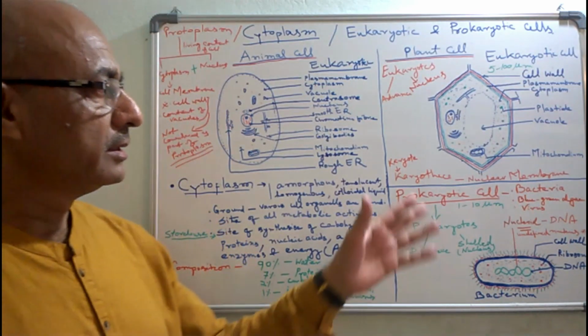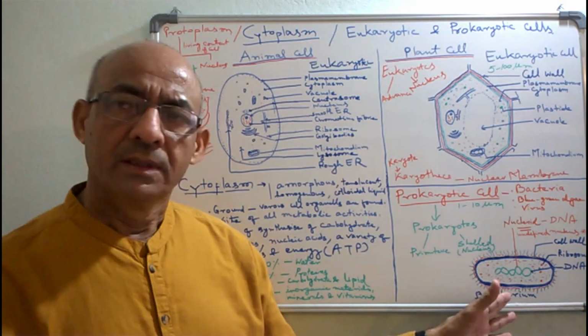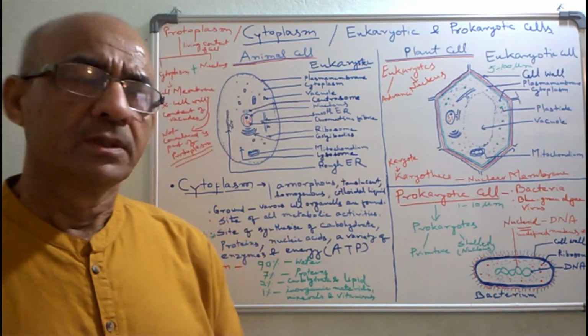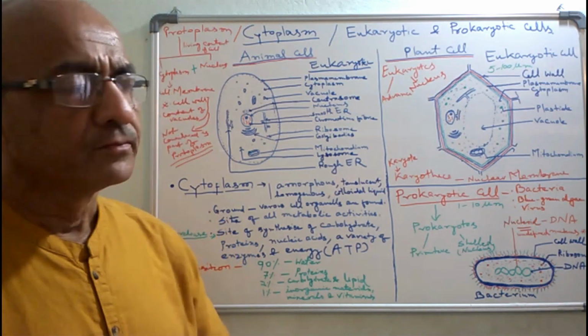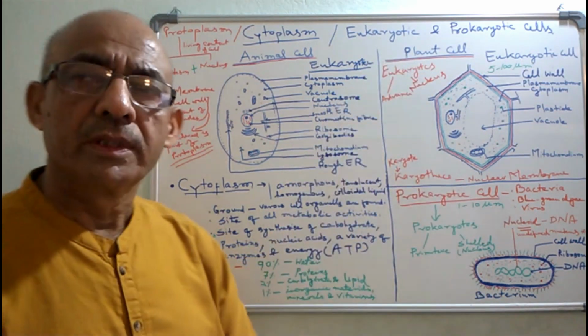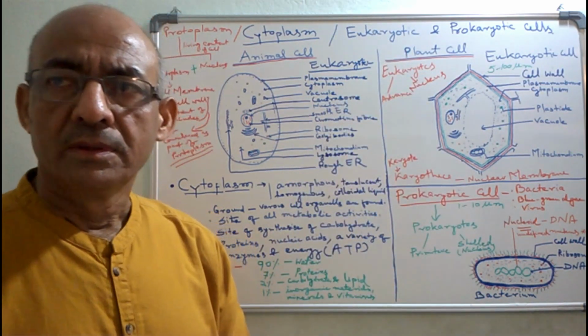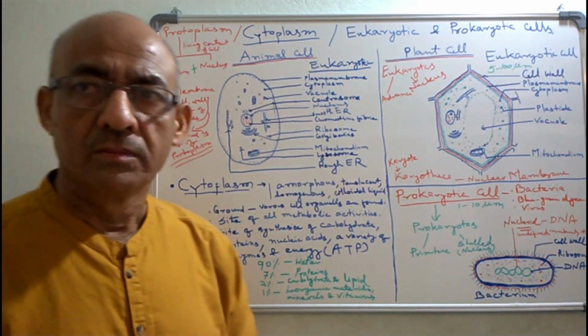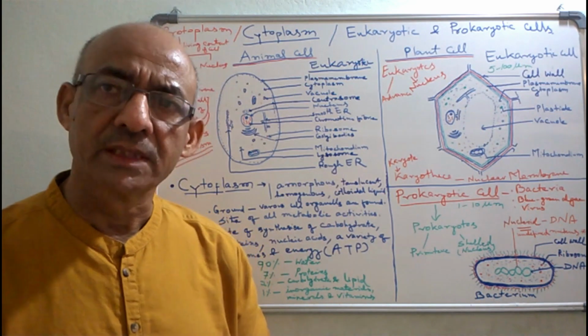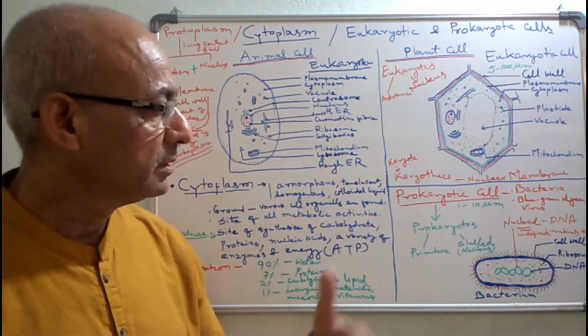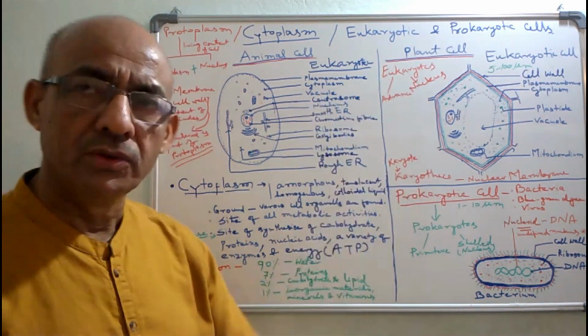And the rate of division in the case of eukaryotic cells is slower than in the prokaryotic cells. These are the differences between the prokaryotic and eukaryotic cells.